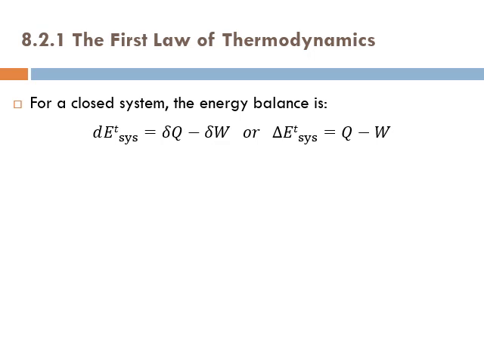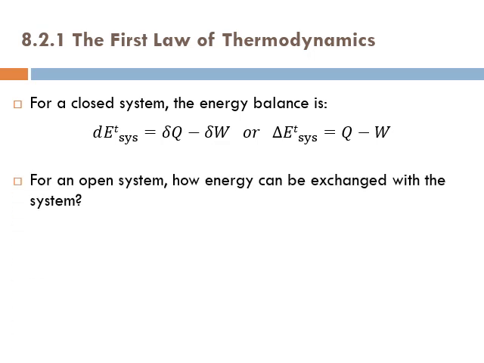Okay, the first law of thermodynamics. So we said for a closed system, the energy balance is written the way shown here. For an open system, how can energy be exchanged with the system? How can we have energy accumulated within the system?